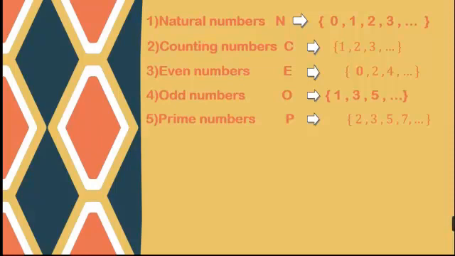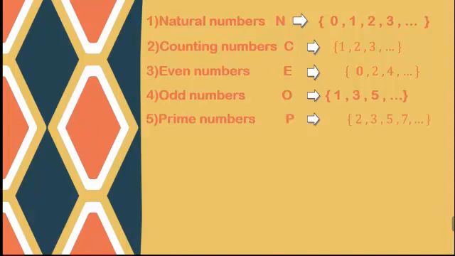I want you to remember a very important point. We didn't start with 1. Why? Because 1 is not a prime number. Why is 1 not a prime number? If I multiply 1 by 1, the answer will be 1. So 1 has how many factors? Just 1 factor.